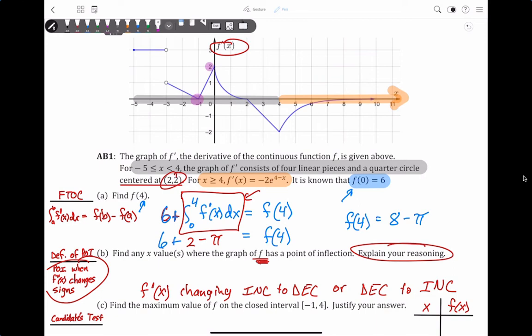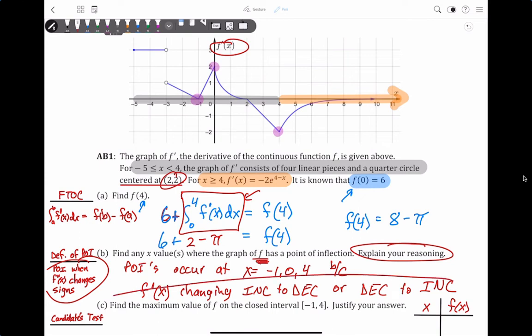So I just have to see, when does it change from increasing to decreasing, or vice versa. So that's going to change here, here, and we're looking for this entire equation here as well. So we're going to say that POIs occur at x is equal to -1, 0, and 4, because that's where f prime changes from increasing to decreasing, vice versa, decreasing to increasing.